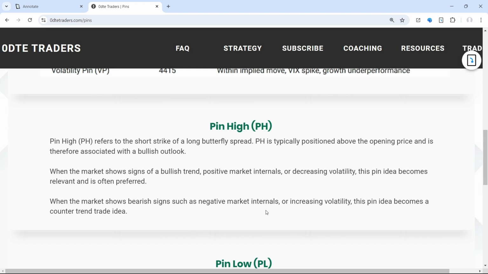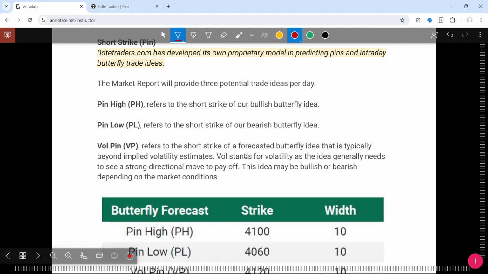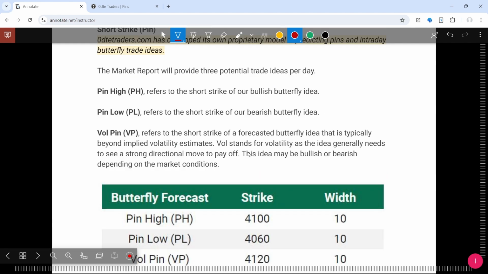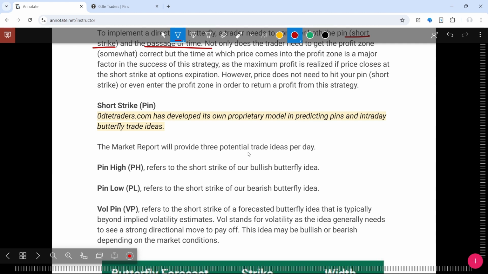So if the market is bullish, we're uptrending, we may want to be favoring pin high, pins above the market price. Conversely, bearish, trending lower, PL, pins below the market price. So those are the 3 pin ideas. Again, pin probabilities tend to be the highest around option expiration, so that's monthly OPEX, as well as in a positive gamma environment.